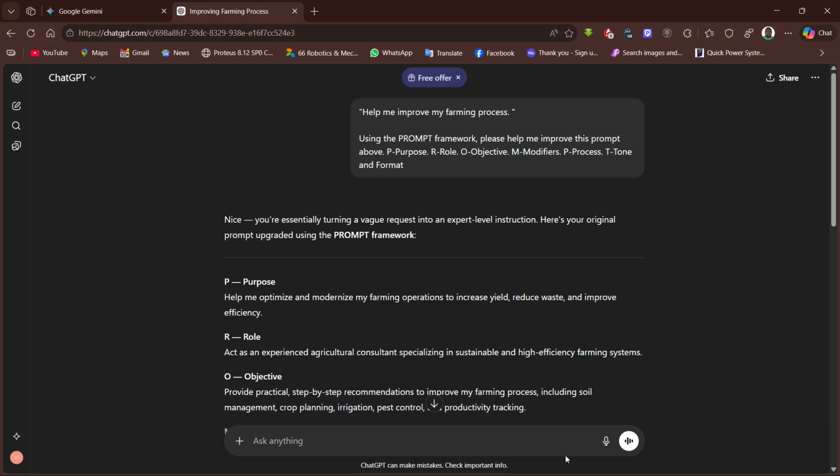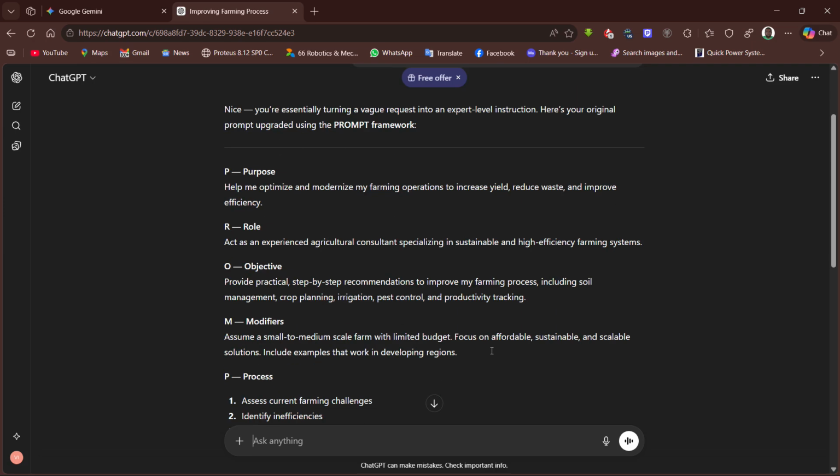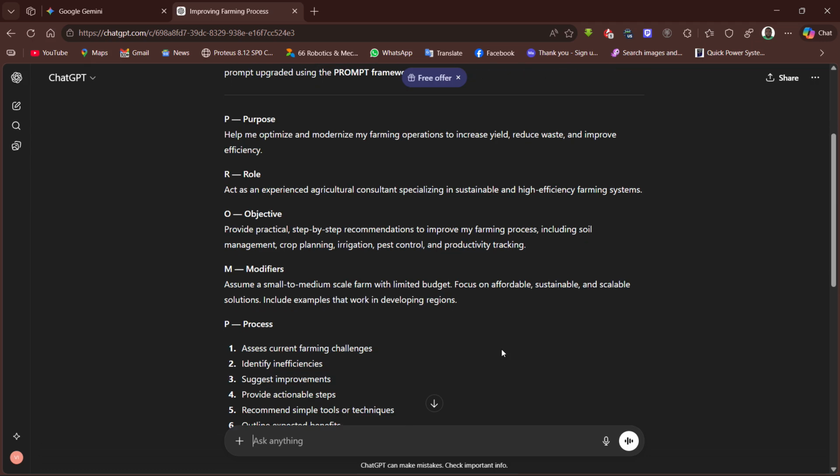Provide practical step-by-step recommendations to improve my farming process, including soil management, crop planning, irrigation, pest control, and productivity tracking. Modifiers: assume a small to medium scale farm with limited budgets. Focus on affordable, sustainable, and scalable solutions. Include examples that work in developing regions.